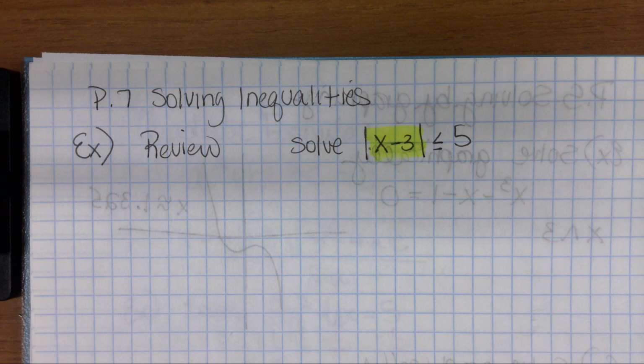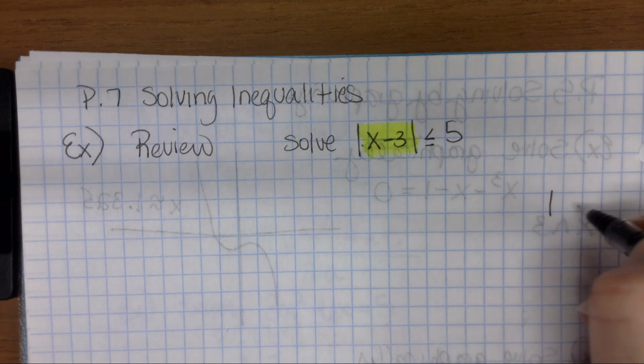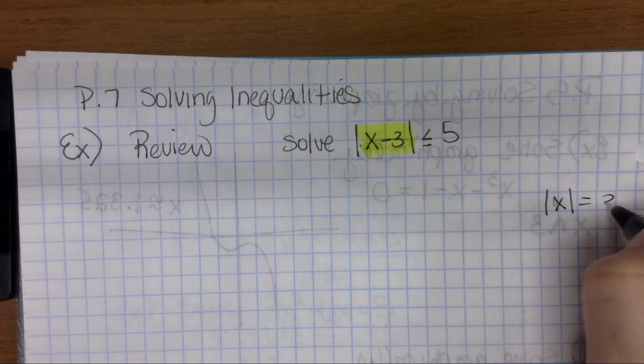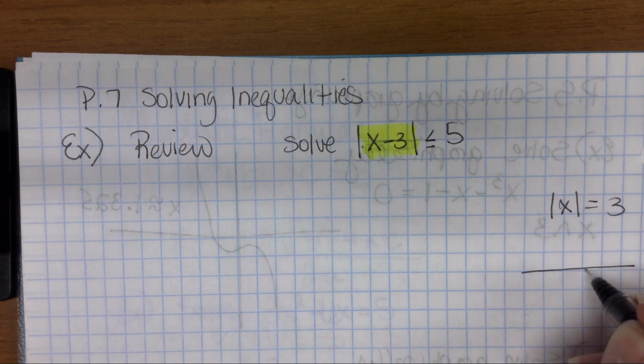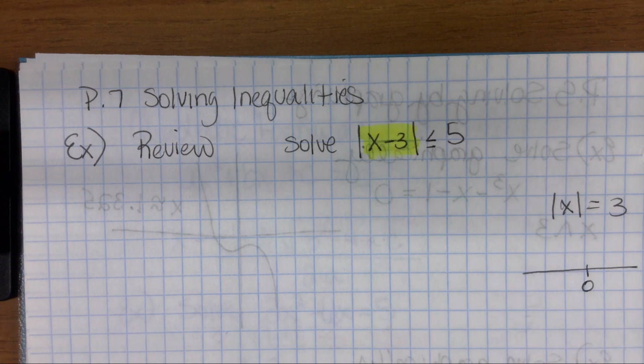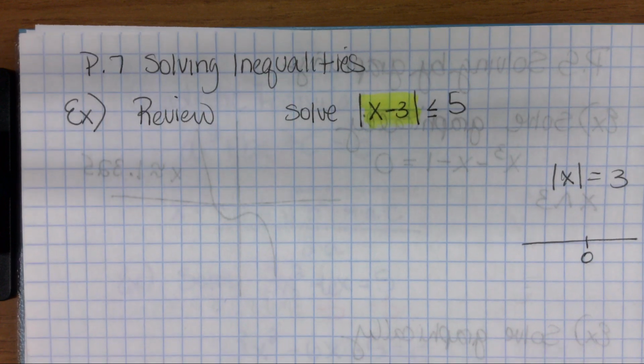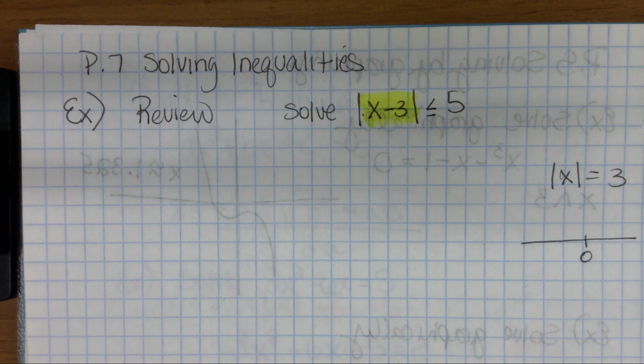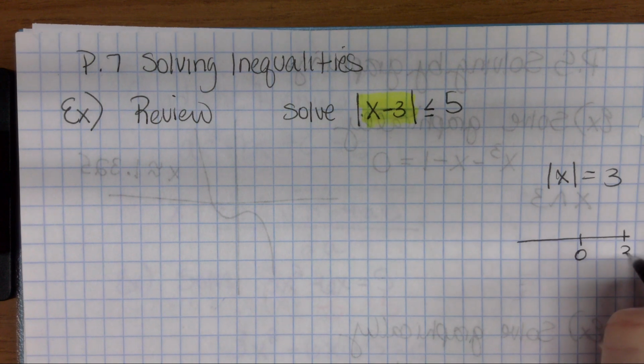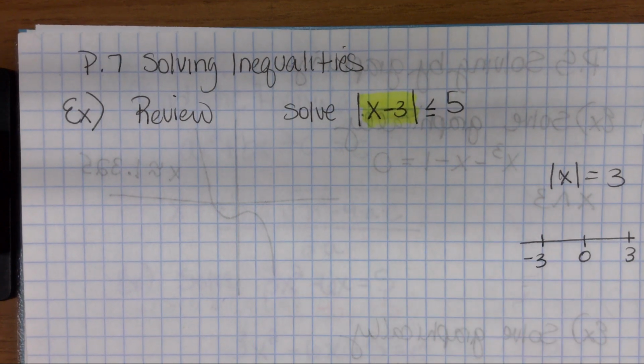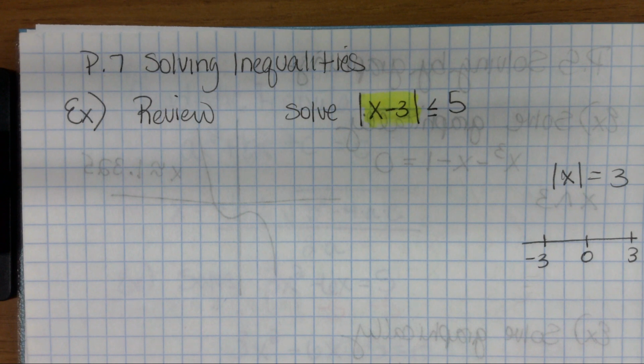So if I said to you, hey, sidebar, something has an absolute value of 3, that means on a number line, here's 0, it has to be 3 away. There's two answers to that. Could be over here, that's positive 3. It could be over here, that's negative 3. That's why we solve two equations, because it represents the distance from 0.